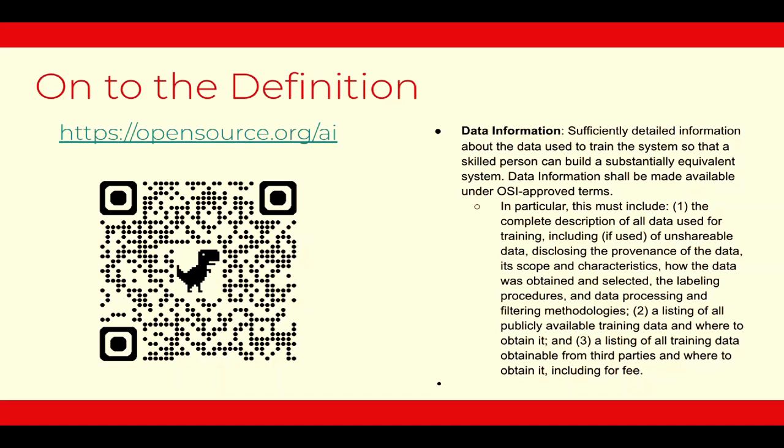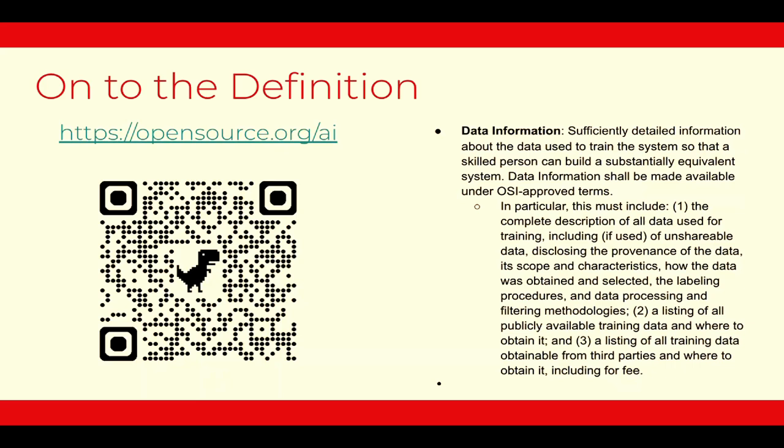So those are the publicly available training data and where to obtain it. And similarly, if you buy data from somebody, they don't necessarily give you the right to publicize it as well. Now you can make some philosophical arguments about whether those are sufficient to keep that from being an open AI.